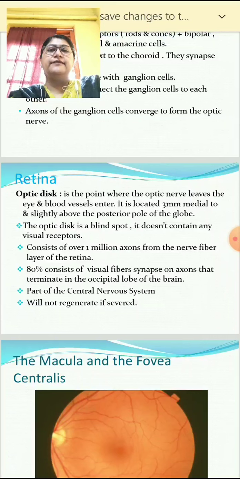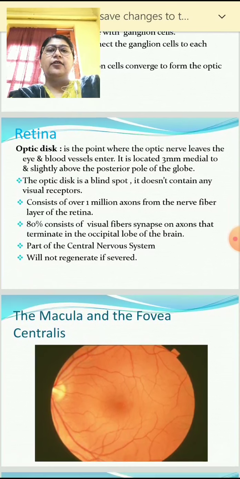It does not contain any visual receptors. It consists of over 1 million axons from the nerve fiber layer of the retina. 80% consists of visual fibers that synapse on axons that terminate in the occipital lobe of the brain. Now, this optic disc is part of the central nervous system and it will not regenerate if it is severed.